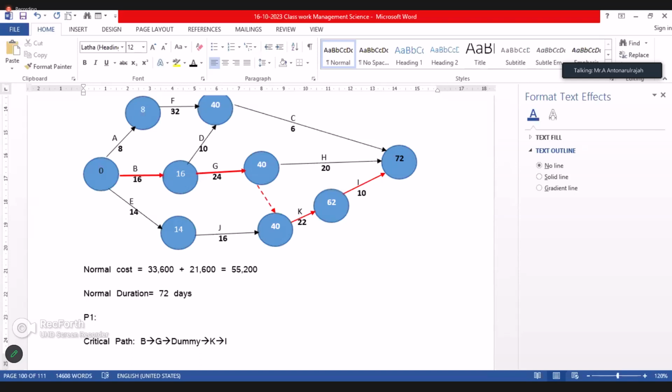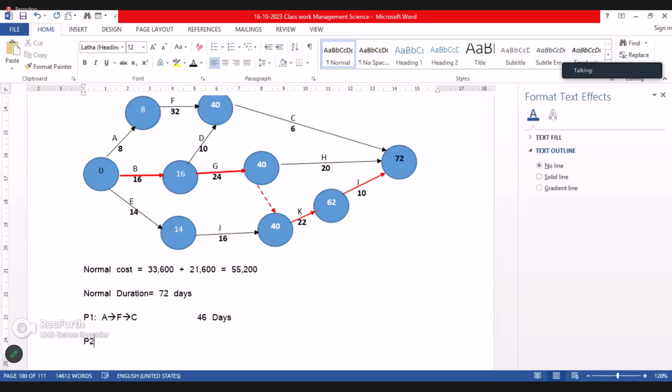P1 is about A, E, F, C, right? How many days will it take? 30, 40, 46. 46 days. Right? 46 days is there.